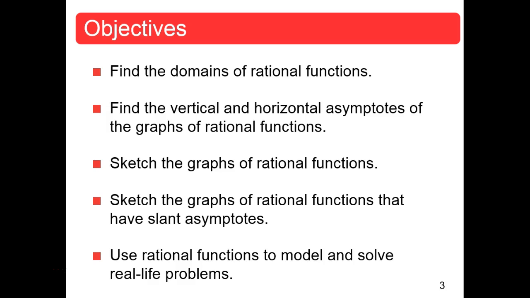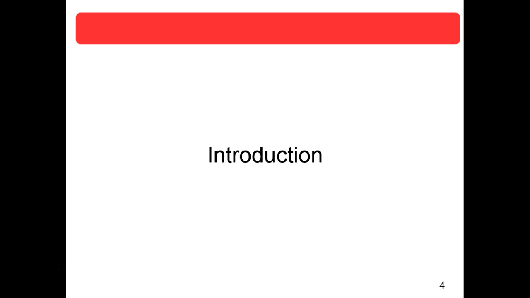We'll sketch the graphs of rational functions, and graphs of rational functions that have slant asymptotes. We're going to skip that one. I'll show it to you, but you're not going to be responsible for that. We'll use rational functions to model and solve some real-life situations.